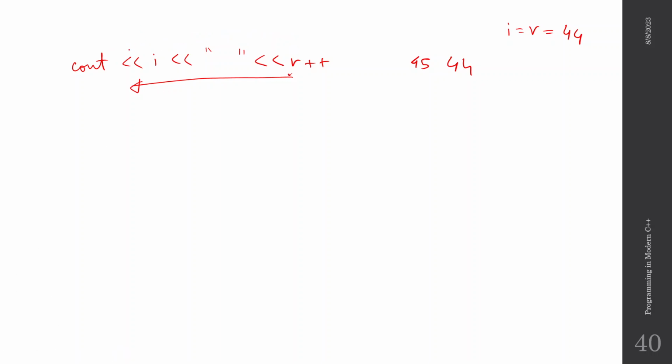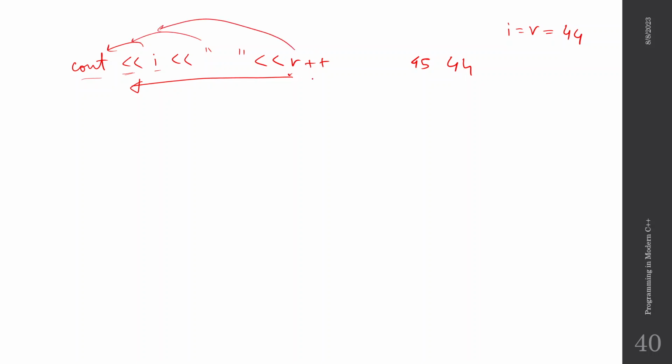See, this streaming operator will take this cout object and I, and it will return another stream cout object. So first this will go here, then this, then this.